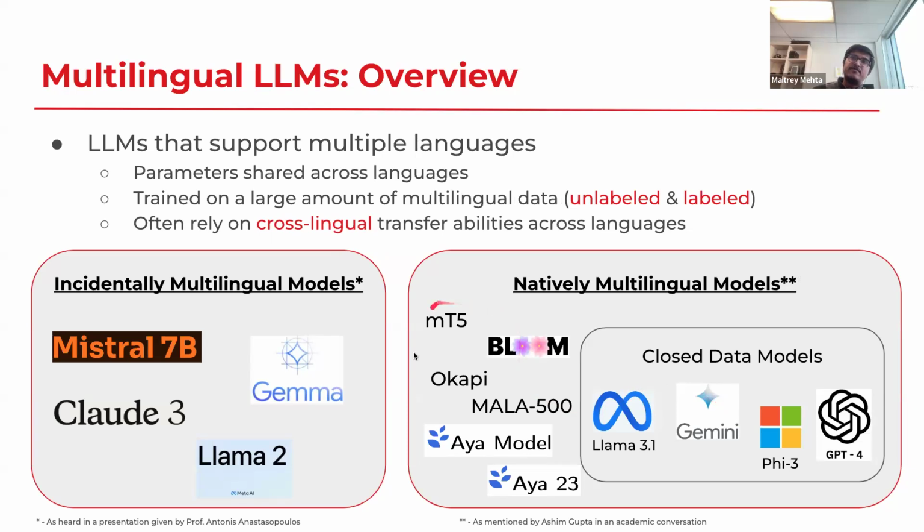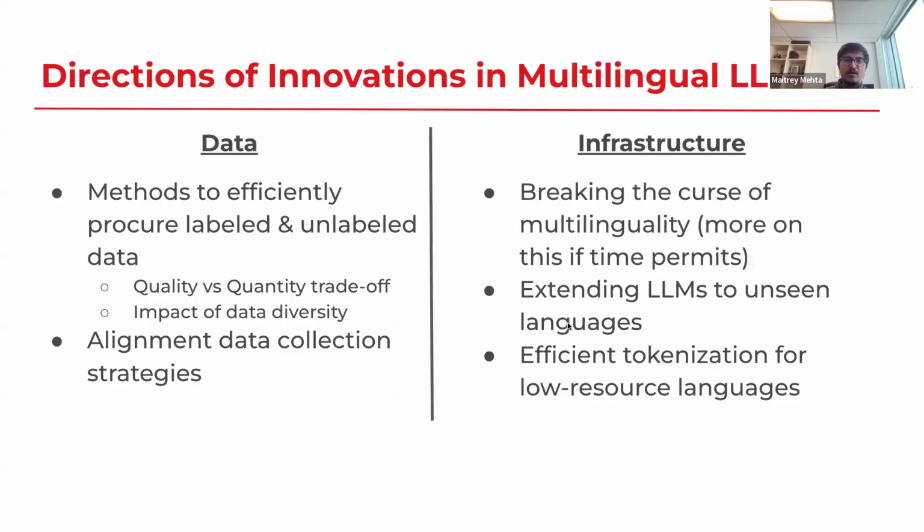And outside these, you have what we call open data models, where we precisely know what data they are trained on, how they are trained, and what is the amount of data per language. Okay, so this is how I think. Of course, it's not a very proper discriminative category. This is something that I use to get a mental model about what is happening in the space, right?